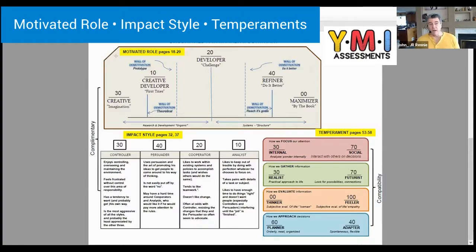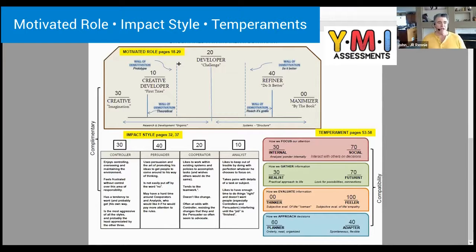Work is oftentimes really highlighted in this area. So things at work that you've done extremely well and that you've been rewarded for have given us natural abilities and natural design. And so that's a way that a lot of people find their purpose, is by other people saying, hey, you're really good at this. So motivated role is the part in that process that you like to play.